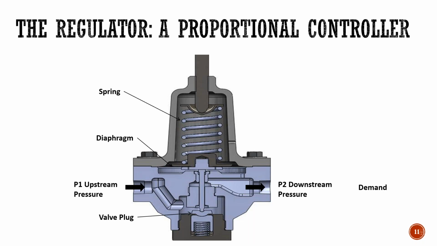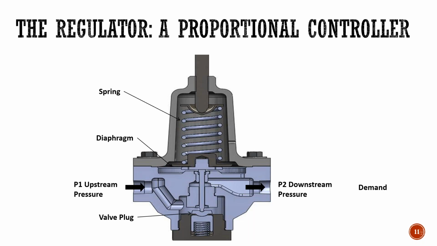And what you have is a force balance mechanism. The P2, or the downstream pressure, goes up underneath the diaphragm, and the diaphragm acts against the spring as a force balance. So the pressure underneath the diaphragm, this is a pressure reducing valve, so it's going to be in a normally open position. As the downstream pressure comes up to the set point, it's going to compress the spring and take the regulator to the closed position.